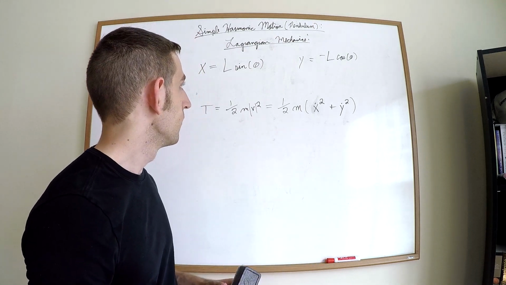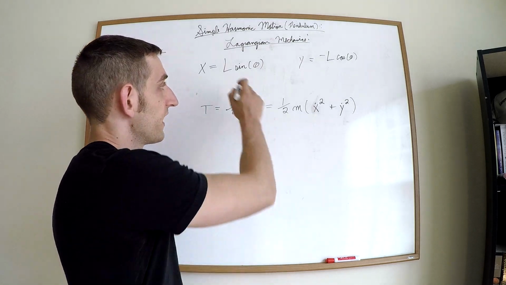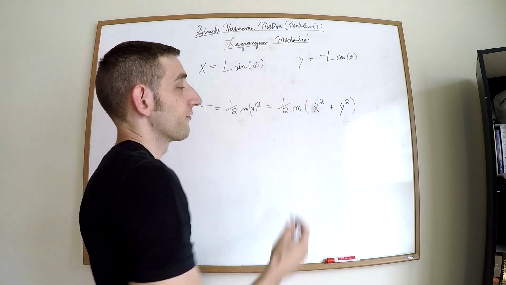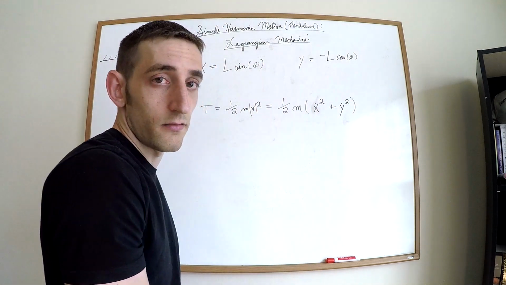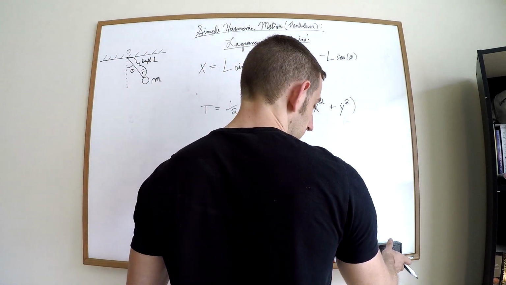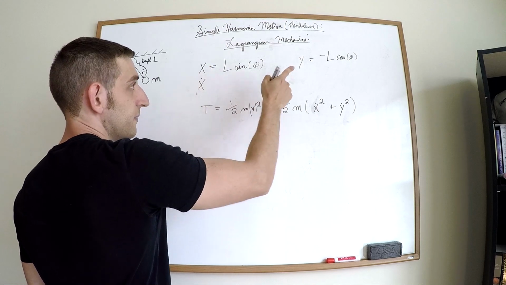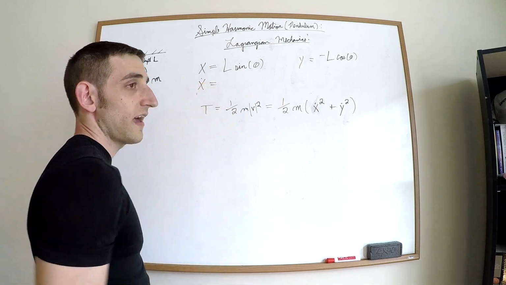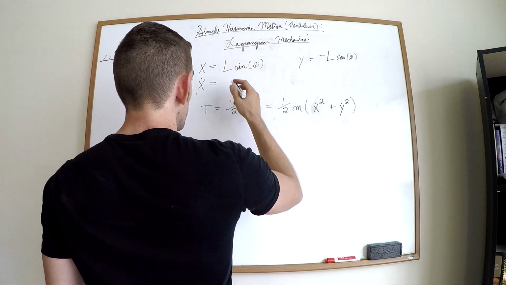So, what do we do? In every problem, you're always going to define x and y in terms of your degree of freedom, or your degrees of freedom, and then you have to plug them in here somehow. How do we do that? Well, this is why I left space under here. You always have to compute x dot. So, let's do that.